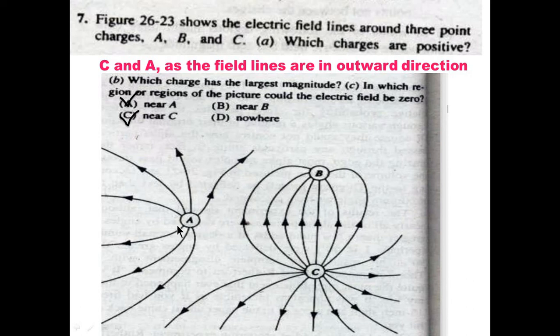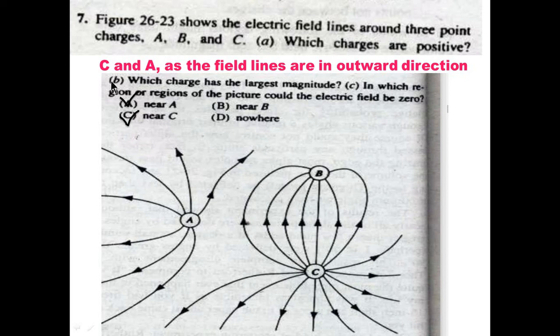From charge A, you can see the direction of field lines is outward. From charge C, the field lines are also in the outward direction. But for charge B, the field lines are coming inwards toward the charge. So only A and C have positive charge.